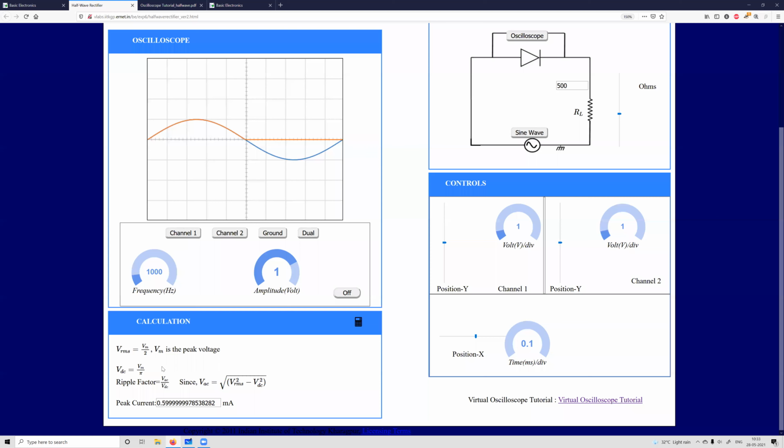Can anyone try to attempt this question? Then what is the correct value? V RMS equal to Vm by root 2, as Guddu said, or it is Vm by 2 as given here? Which one is correct? Who wants to try?